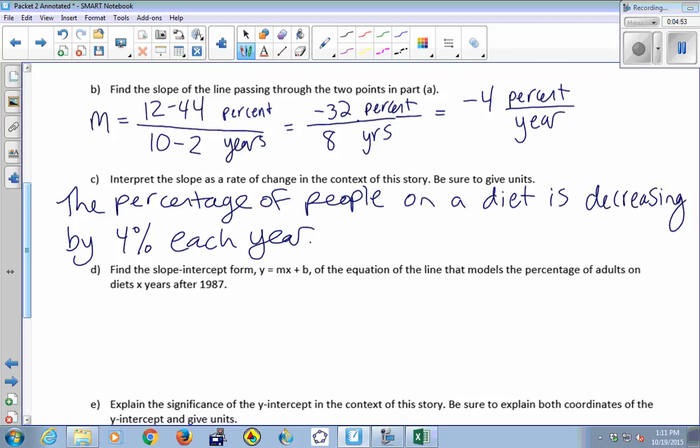Why didn't I write a negative sign anywhere in this sentence? Because I used the word decreasing, right? The negative sign indicates the decreasing. So if I wrote decreasing by negative 4%, it's just like using a double negative in the English language, and it ends up meaning the opposite, right? So you can either say changing by negative 4% or decreasing by 4%, but don't use both.